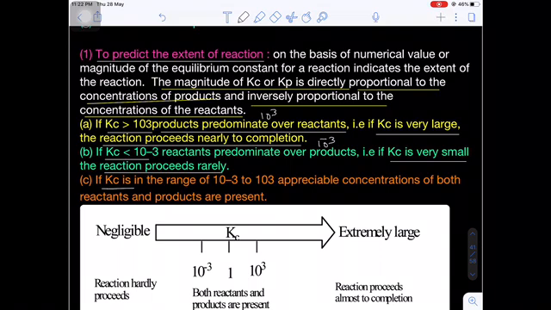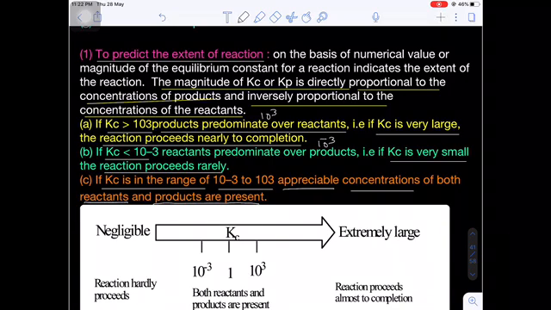Now the third one, if the Kc value is in between 10 raised to minus 3 and 10 raised to plus 3, then there are appreciable concentrations of both reactants and products present in the reaction mixture.